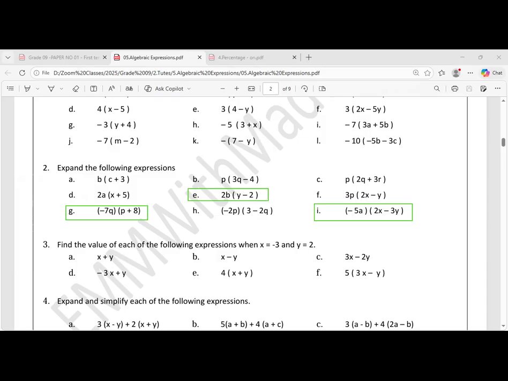A bit fast, huh? Another 1 minute is remaining. Another 30 seconds remaining.